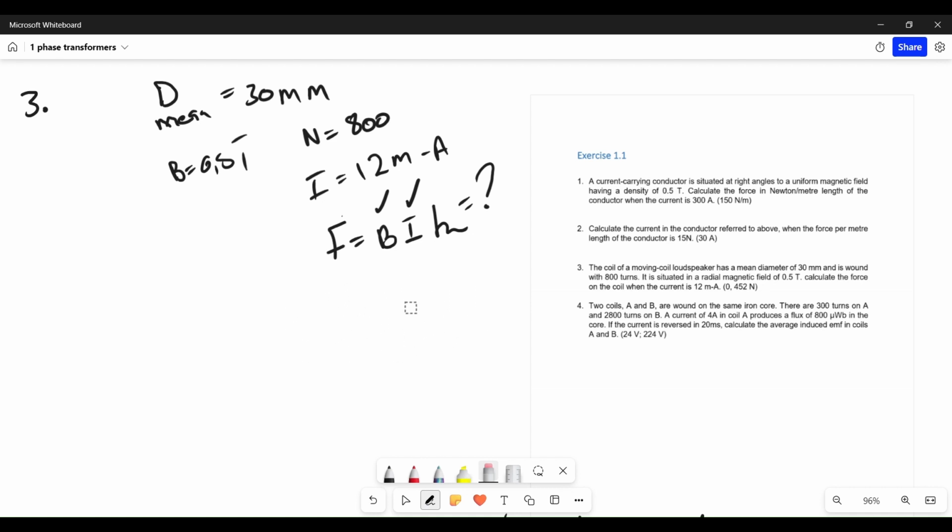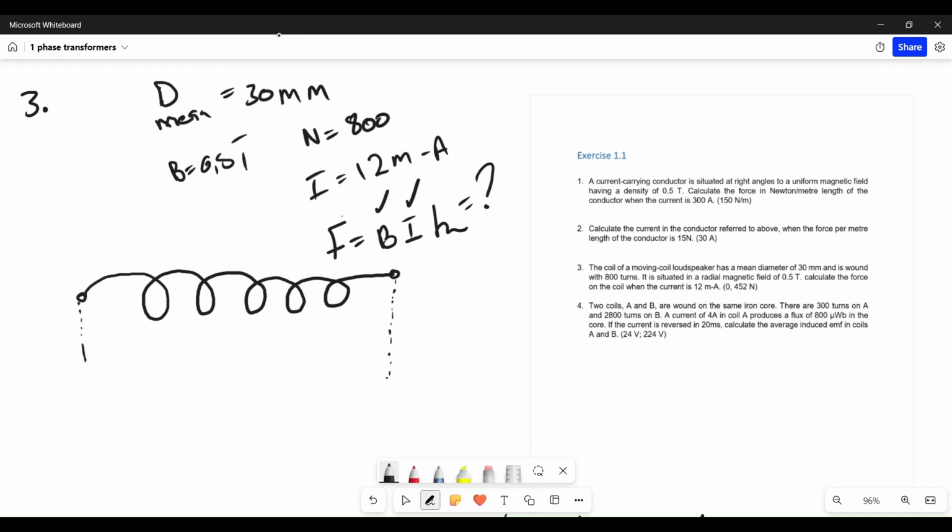Okay, so before we go deeper into solving the question, they're telling us that we have a coil of a moving coil loudspeaker. So let me draw a coil so that I can easily explain. Okay, let's say this is a coil that they're talking about.